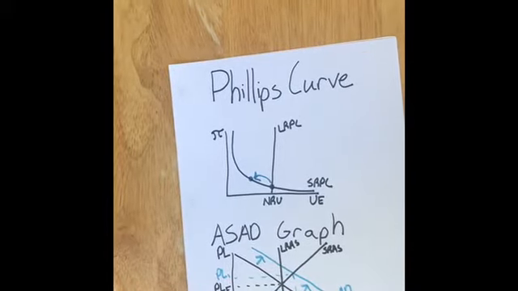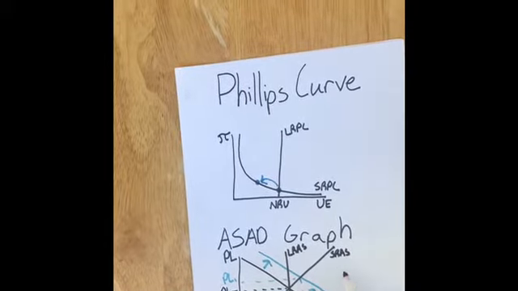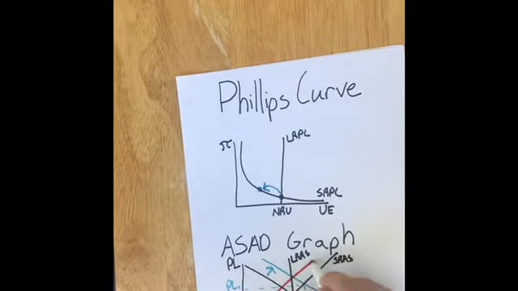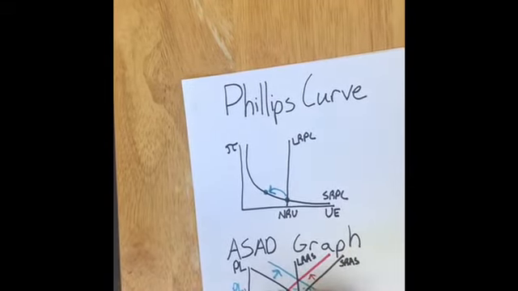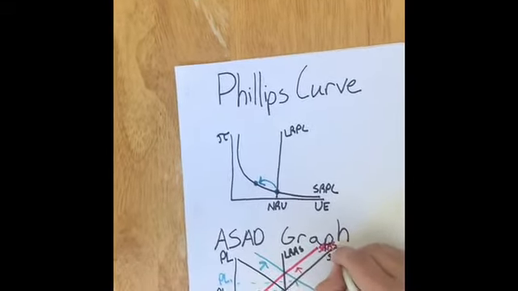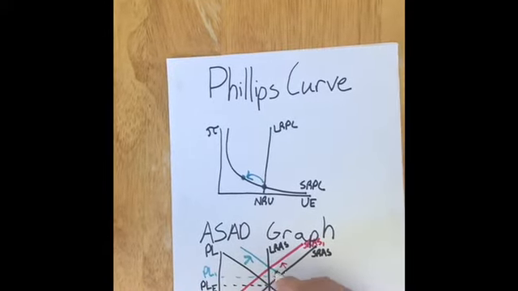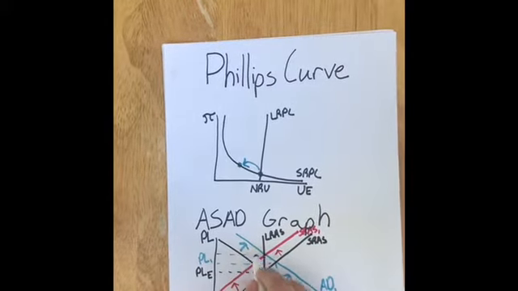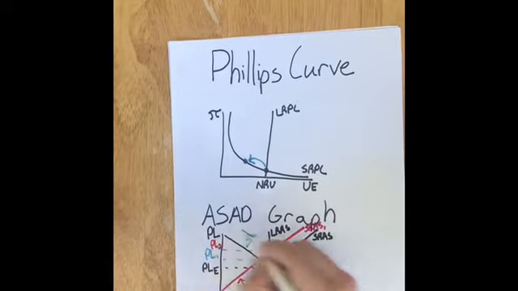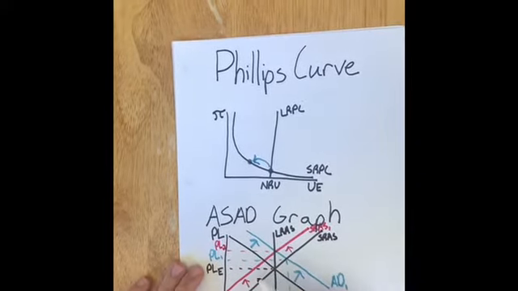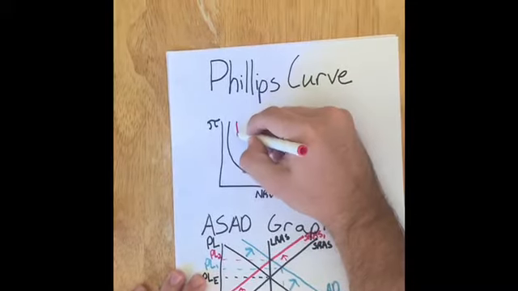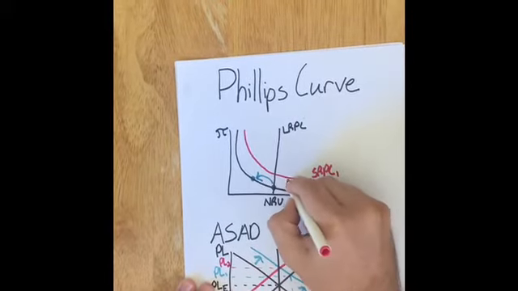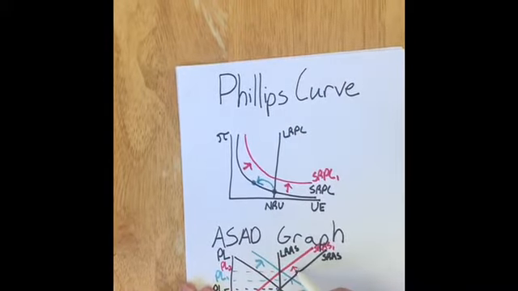And now, if we have a decrease in aggregate supply, then we would have a curve shift to the right, because this is moving to the left.